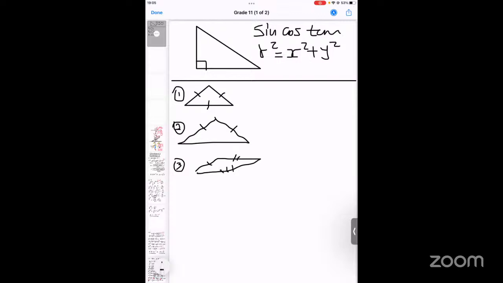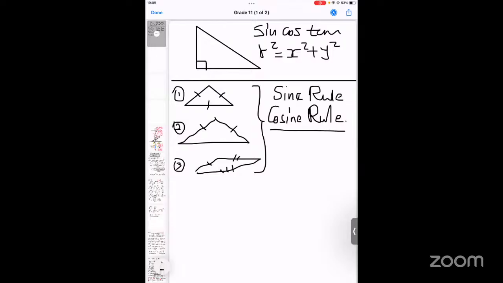So when it comes to this type of triangle, that's where you use the rules. We have the sine rule. We also have the cosine rule. And lastly, we have the area rule. That's if they want you to calculate an area.